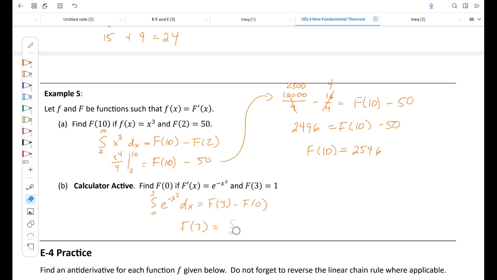How about we do it correctly? F of 3 equals the integral, I was right, plus f of 0. So keep f of 3 on its side, move f of 0 to the other side, flip the sides in the process.